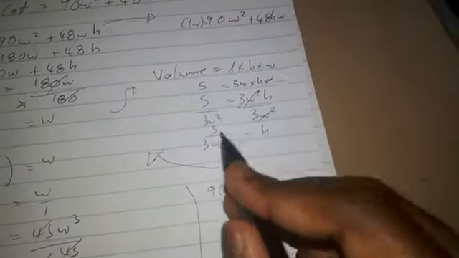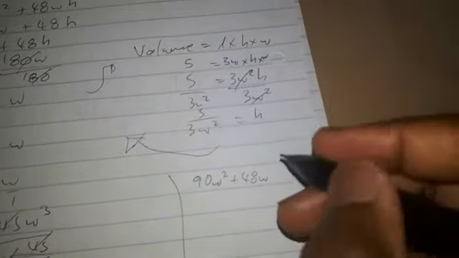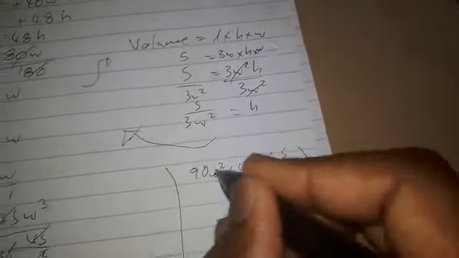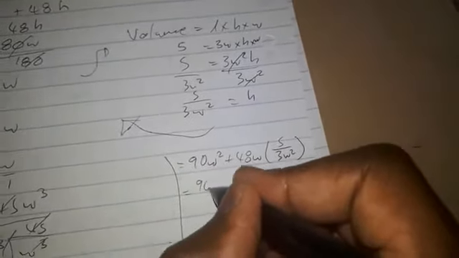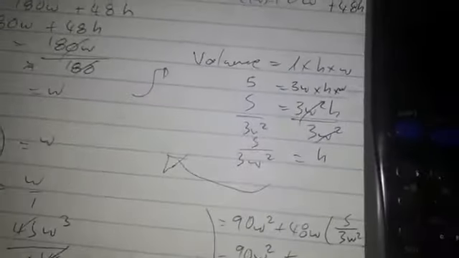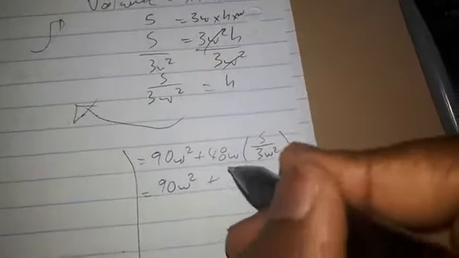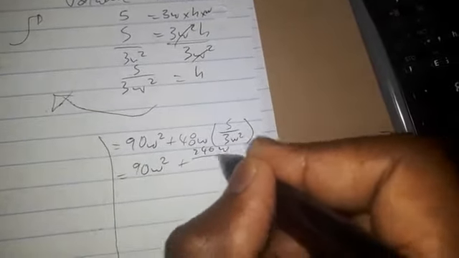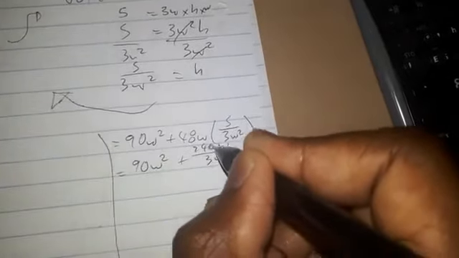So if you had put your value for H beforehand, you would have gotten 5 over 3 W squared. And then if you simplified here, you would have had this. If you times it, 48 times 5, that's like 240 divided by 3. You would have had 240 W over 3 W squared, like that.